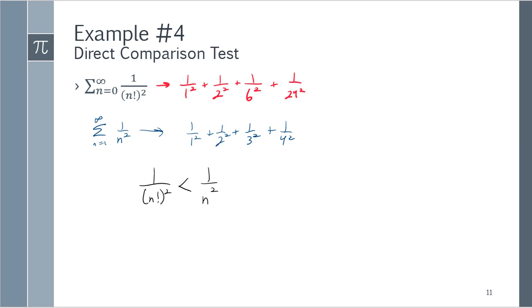So the series for 1 over n squared is a p series. I have a constant on top, n raised to a constant power on the bottom. So for the bottom series, p is equal to 2. And since 2 is bigger than 1, this series converges by the p-series test.